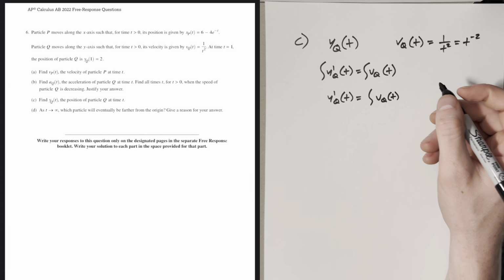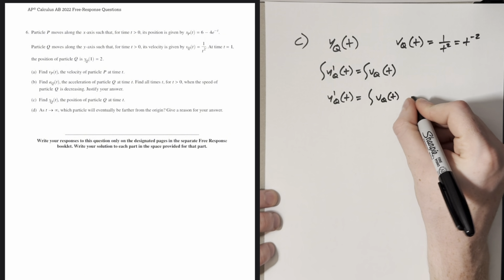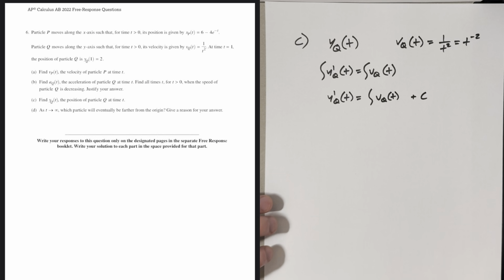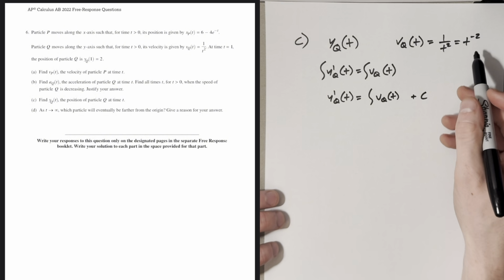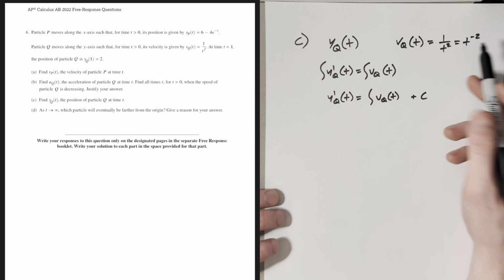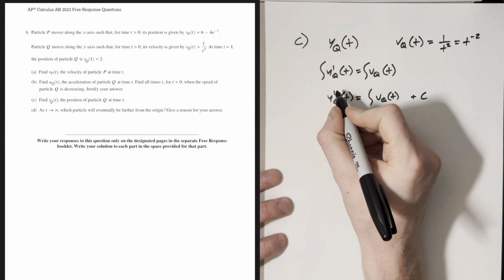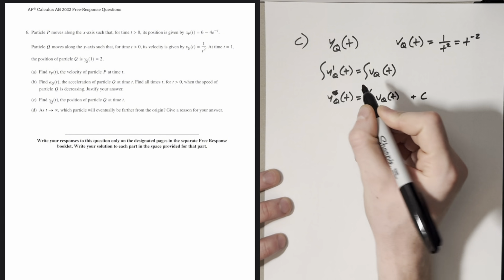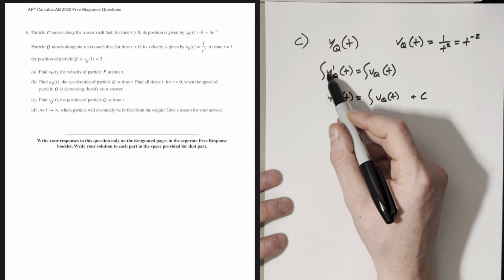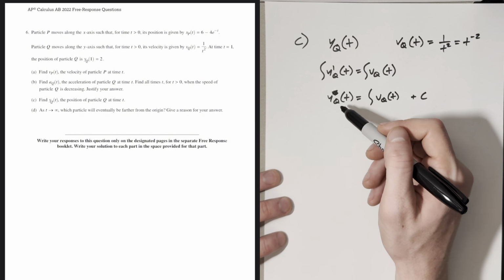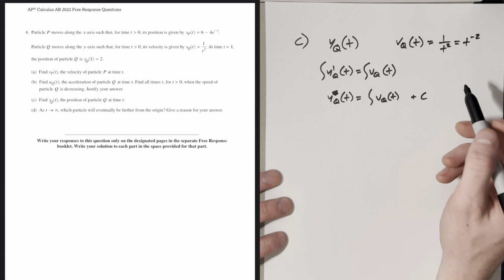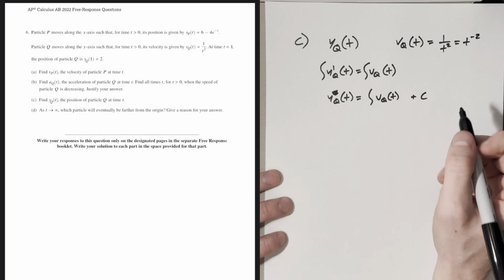But then there's going to be some plus c floating around in there that we have to solve for. The integral of the derivative of position is just position. So let's take the integral of this function.